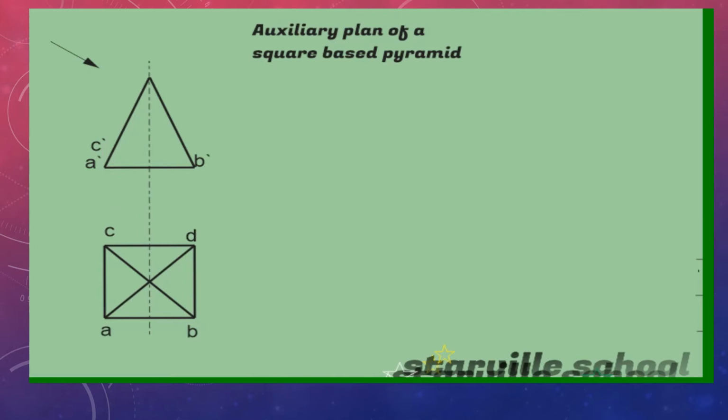And of course D dash as well. You can't see it from the front elevation here, but we can see it from the plan, so we know that it's there.